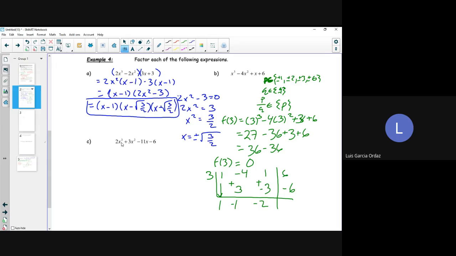And what's 6 plus negative 6? 0. So what we're left with is f of x is equal to x minus 3 times x squared minus x minus 2.